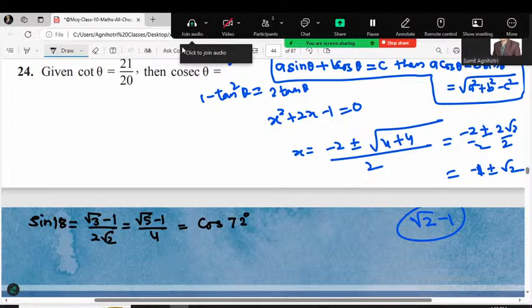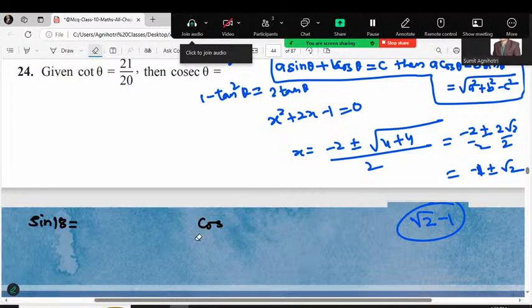Then no, sine 18 is not that, sine 15 is it. We have to rectify. This is not, 1 minute. It is root 5 minus 1 over 4 and it is equal to cos 72.